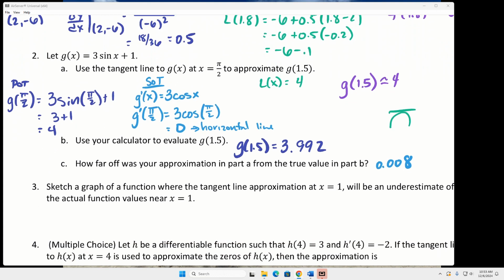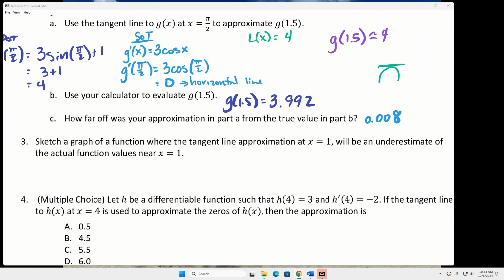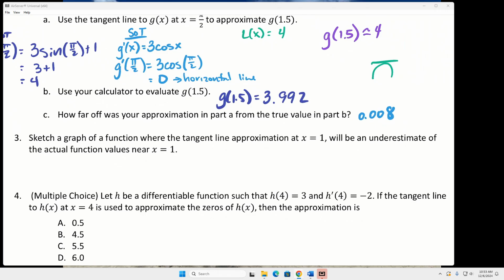All right. So example 3, we are going to sketch a graph of a function where the tangent line approximation at x equals 1 will be an underestimate for the actual function values near 1. So what does this graph need to look like? It just needs to be concave up at 1.